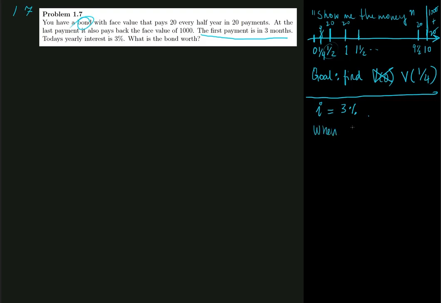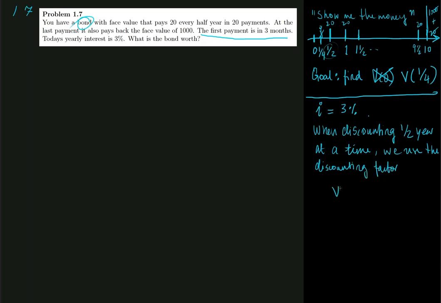When discounting 1/2 year at a time, well, what we essentially just look at is we use the discounting factor v to 1/2.